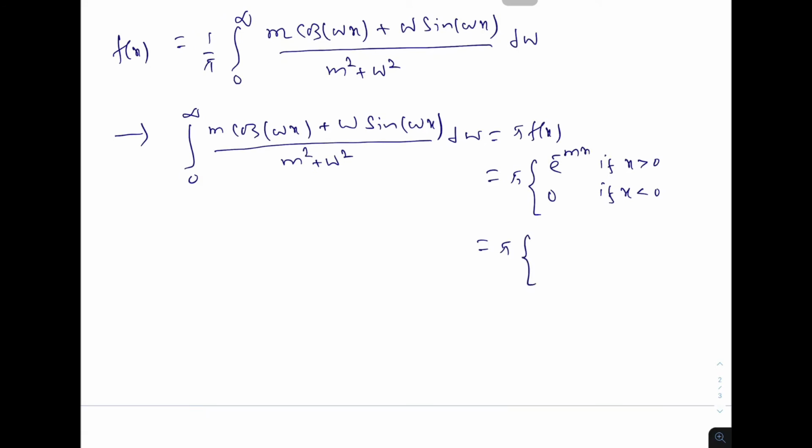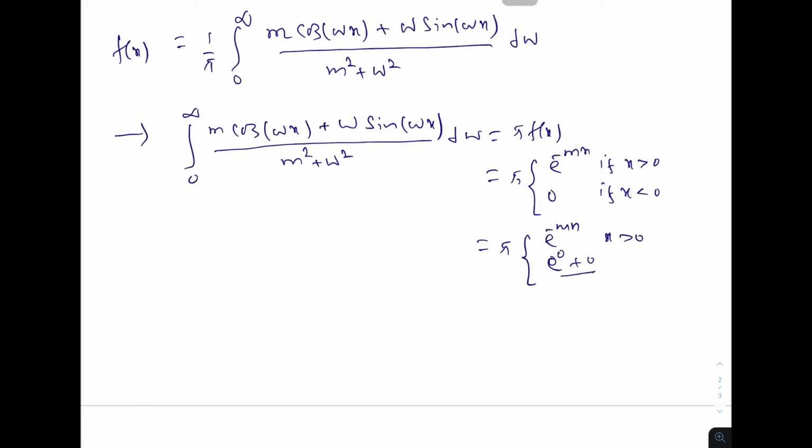So this is e power minus mx when x is greater than 0. Now at 0 we need to take the average value, so that is e power 0 plus 0, divided by 2: this value at 0 and this value at 0, then addition and divide by 2.